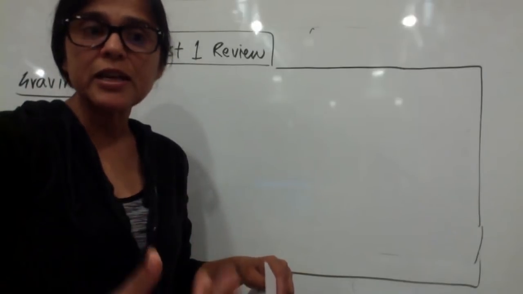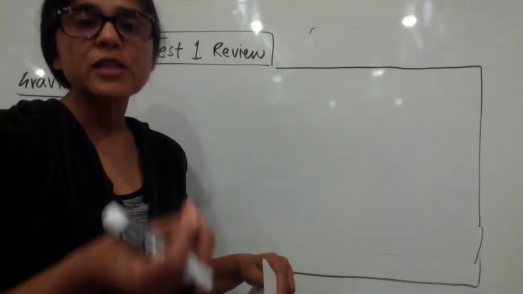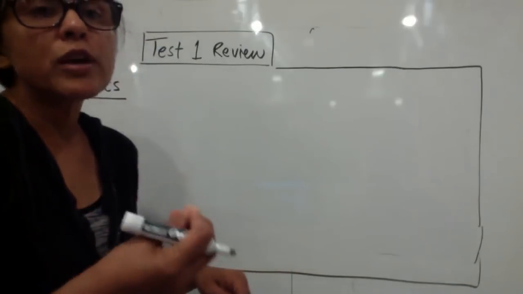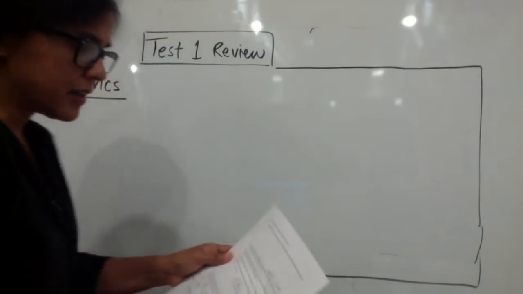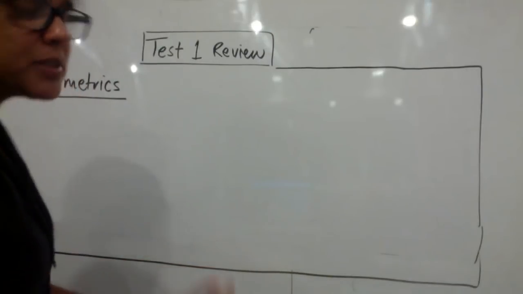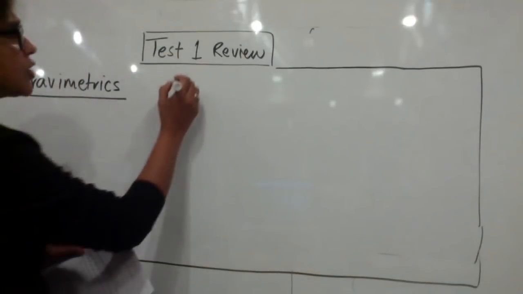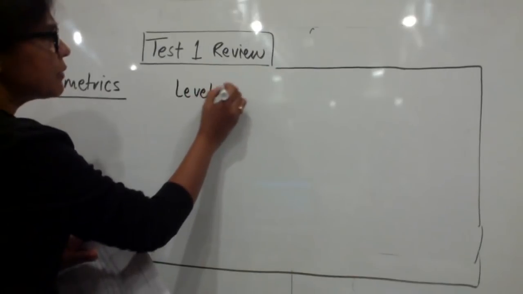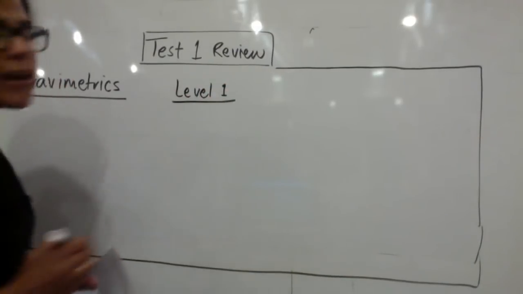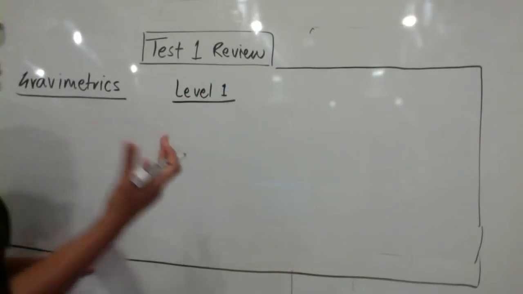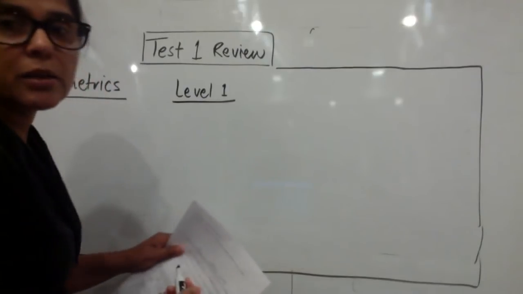But if you precipitate it out, dry that precipitate, and use mole ratios, then you can figure out how much of that is there. So let me take two problems and explain it. The first one is a level 1 problem, which is simpler, and then I'm going to add a twist to it, and you can see how that changes the problem.